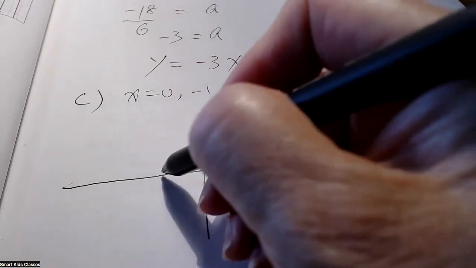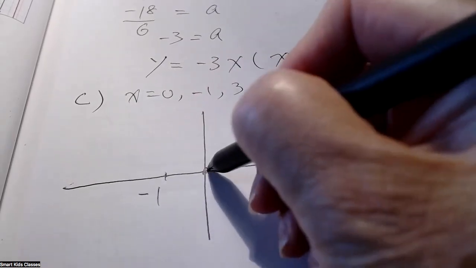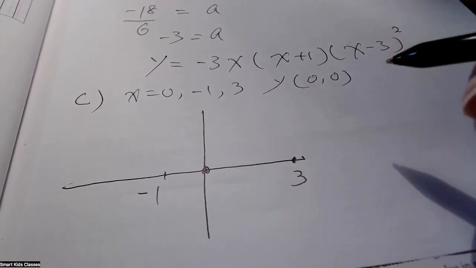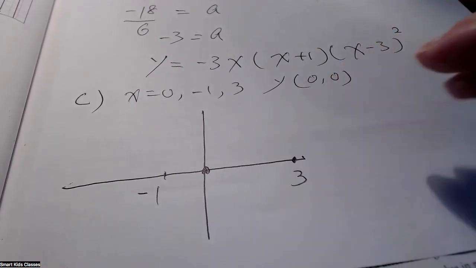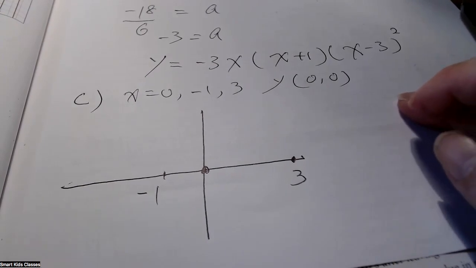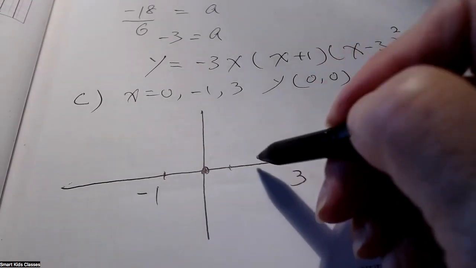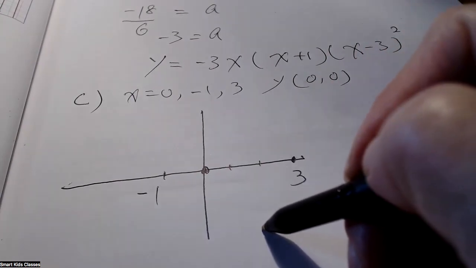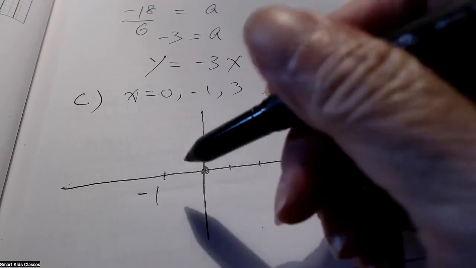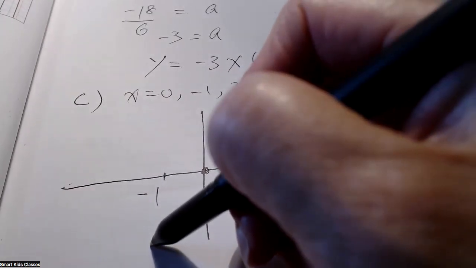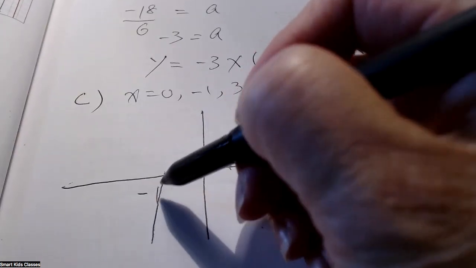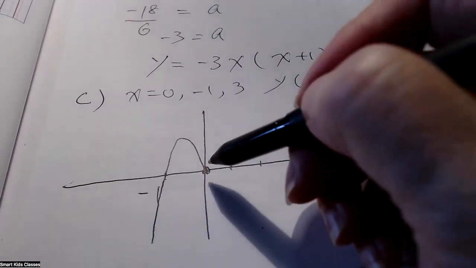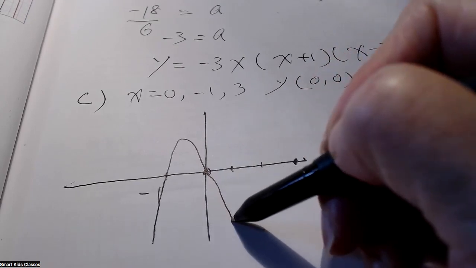So negative 1 here, the origin here, and 3 here. The y-intercept is at the origin. And we're going to plot 2 and negative 18, somewhere will be here. So we're going to plot from the x-intercept and then move to the y-intercept and then going down.